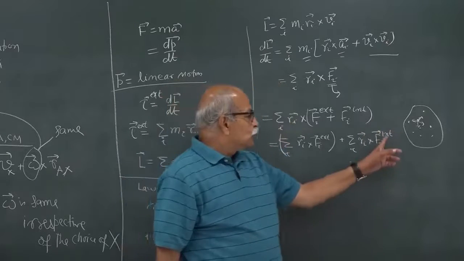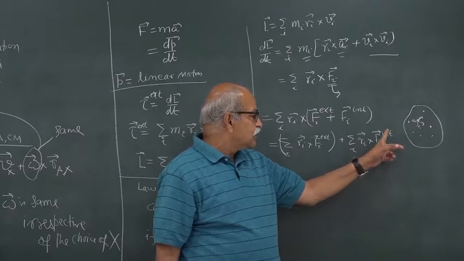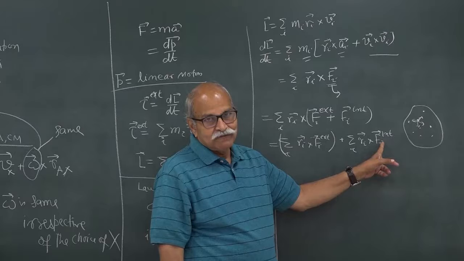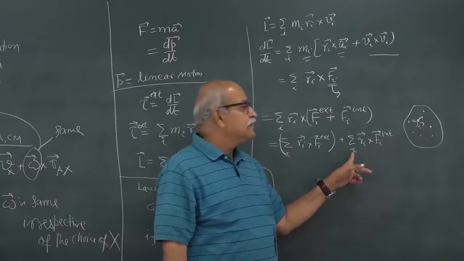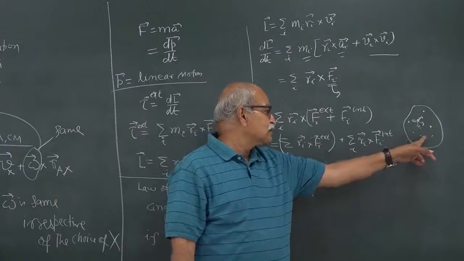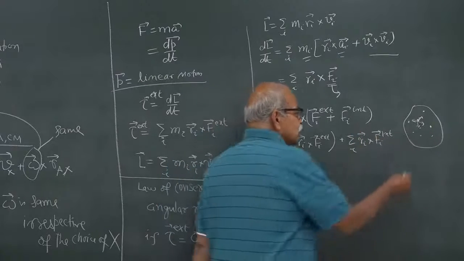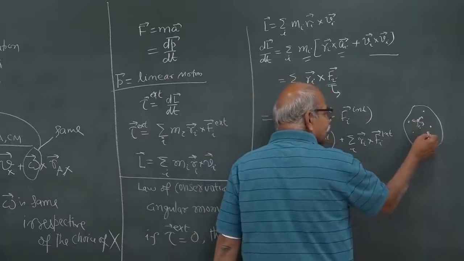Now, it is true that if you add all these internal forces on the ith particle, you may get some non-zero value. But then when you sum over this i and take this particle also into consideration, suppose this particle is also attracting it by that same force.